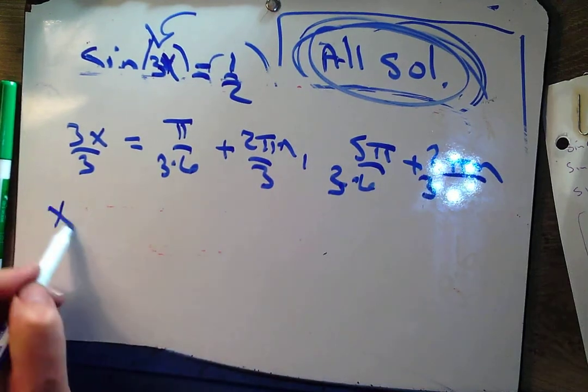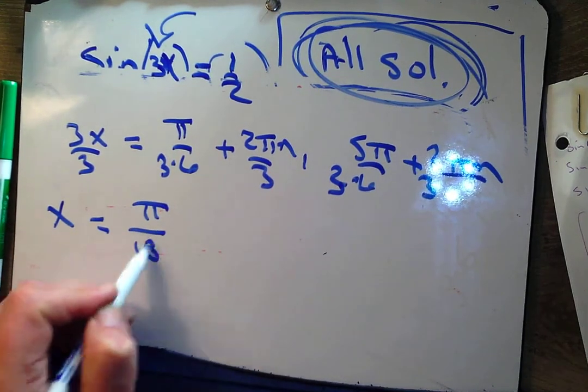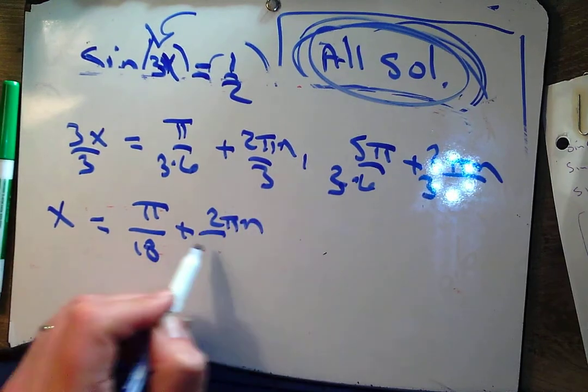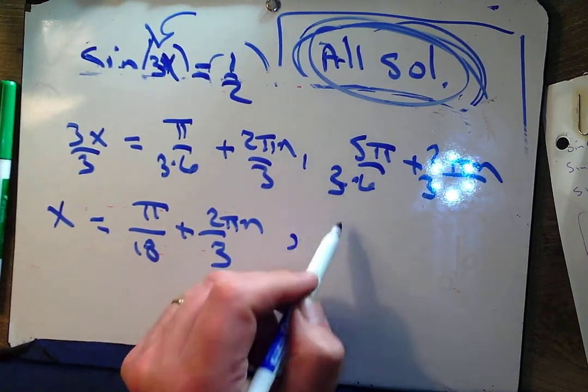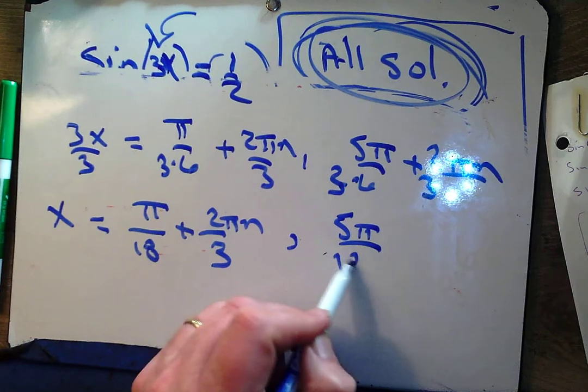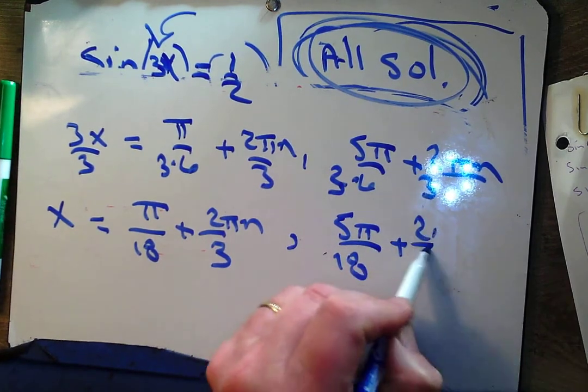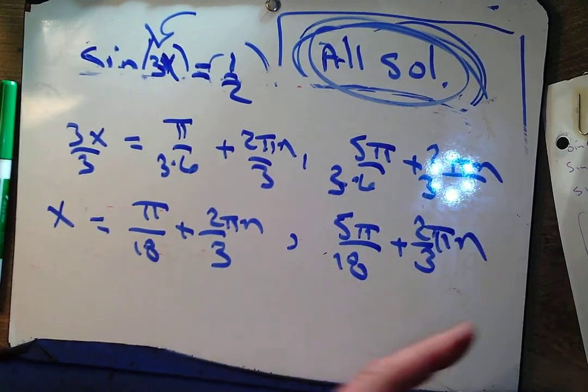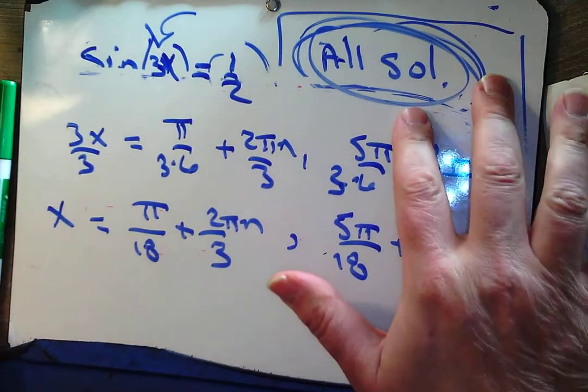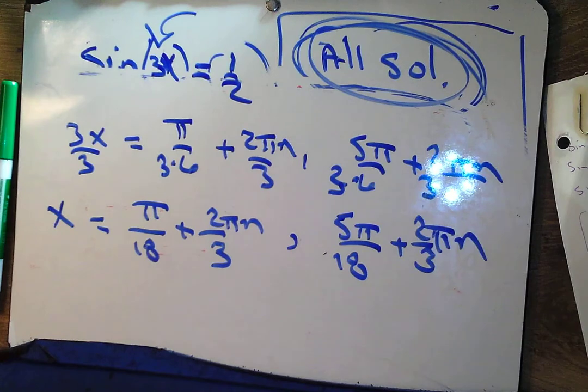And so I'm going to end up with x equals pi over 18 plus 2 pi n over 3, or 2/3 pi n, and 5 pi over 18 plus 2/3 pi n. This is a lot less work and a lot less writing. You only have to go around once. I would recommend doing that.